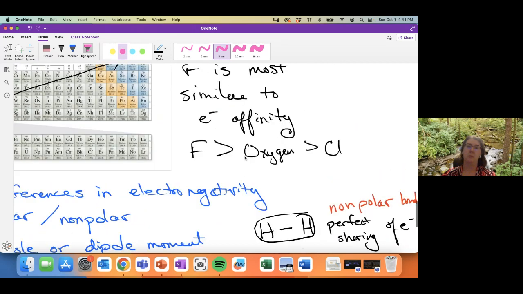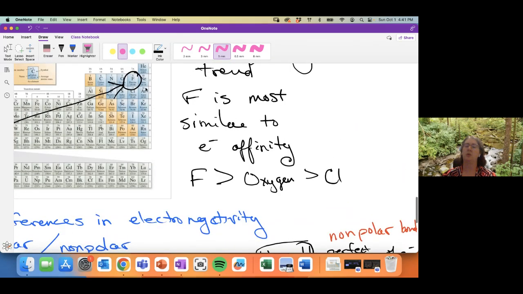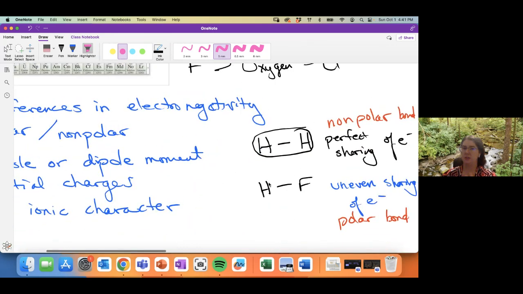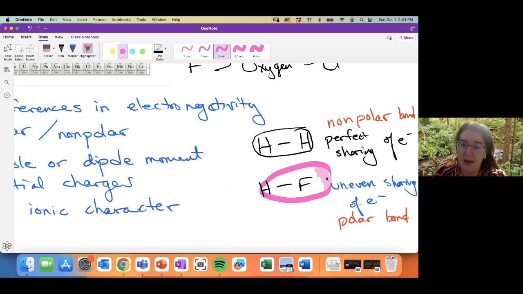That fluorine, greater electronegativity, greater electron affinity, is going to want those electrons to come towards it. So you're going to see more of that electron cloud where the fluorine is. Fluorine is going to have more of the electron density. It still has a bond to the hydrogen, but much more of that electron density is going to be on or around the fluorine. That's going to give us uneven sharing or a polar bond. So that's the concept.